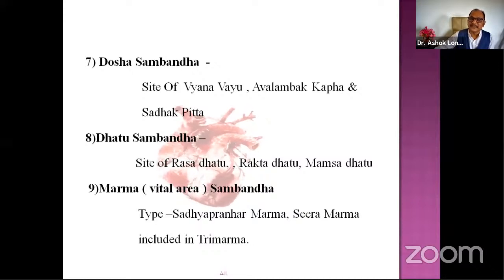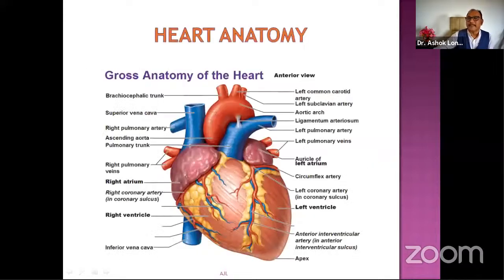Dhatu Sambandha, the site of Rasa Dhatu, Rakta Dhatu, and Mamsa Dhatu. Marma Sambandha, it is a vital area, one of the vital marma, Sadhya Pranahara marma, Sirina marma, and included in pre-marma.